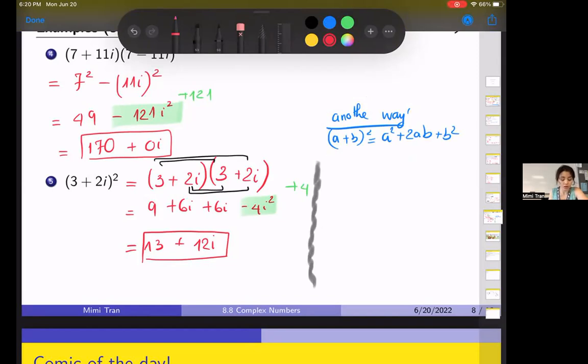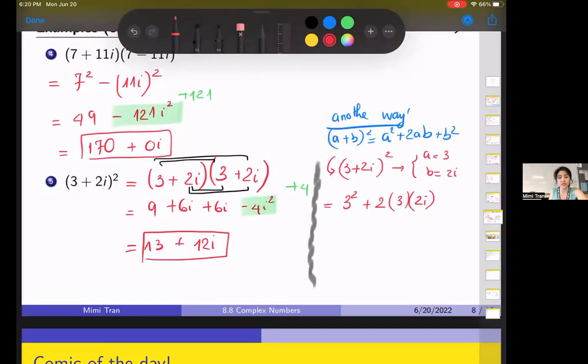A is 3, right? And we have 3 plus 2i squared. So now we have a is 3 and b is 2i. So a squared will be 3 squared plus 2 times a, which is 3, times b, which is 2i.